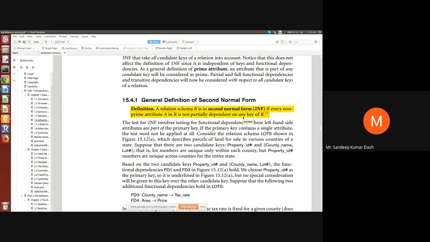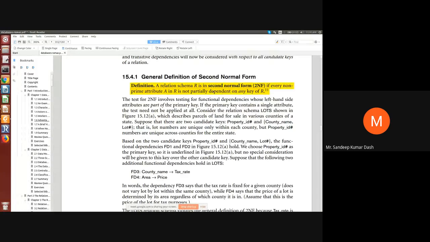It says that any non-prime attribute, if it is dependent on any key of R, should be fully functionally dependent, not partial functional. It does not say that a non-prime attribute cannot be dependent on a non-prime attribute. It is silent about that part.